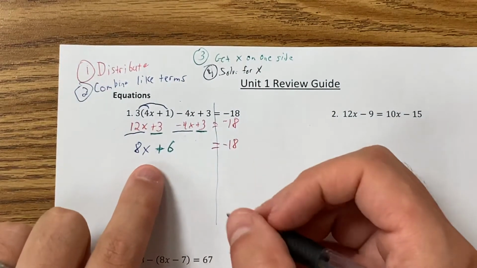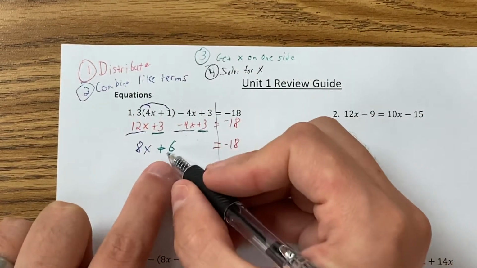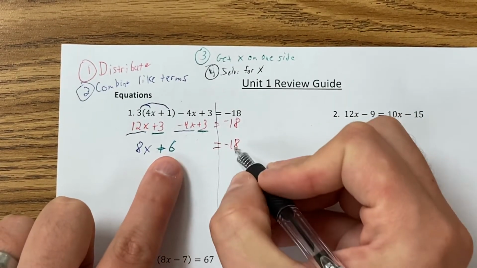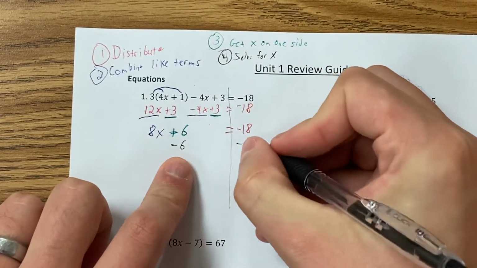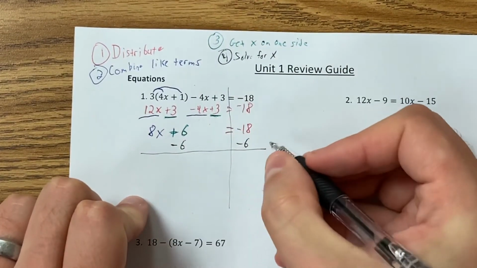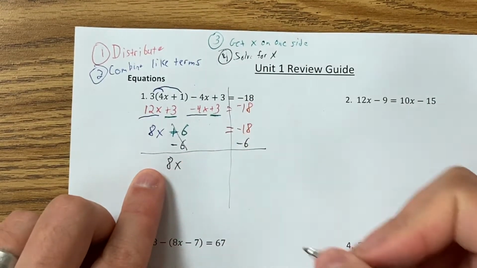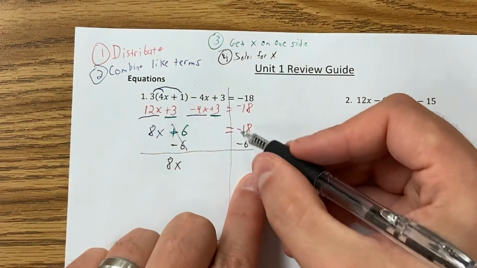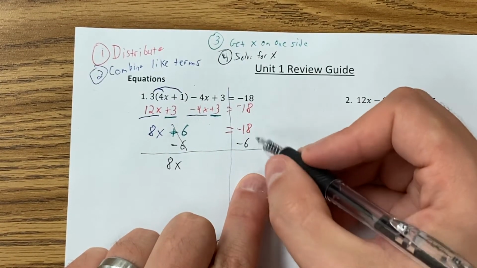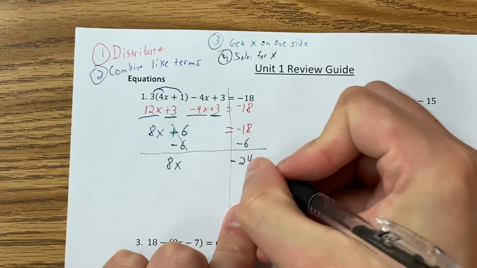In this case, now that we're down to everything just on one side, this is a positive 6. It's on the opposite side as the 18. So you will have to subtract 6 from both sides. That way this will cross out and you end up with just 8x. Over here, a negative 18 and a negative 6 makes a negative 24.